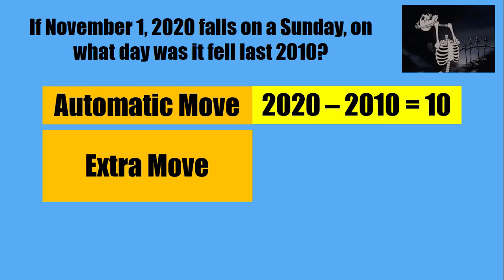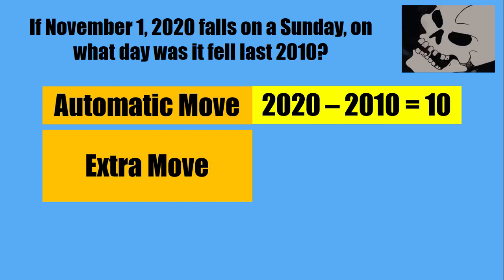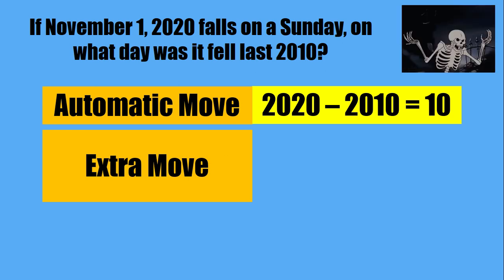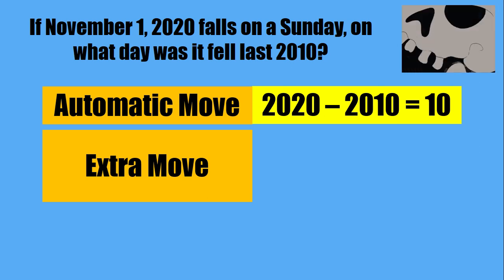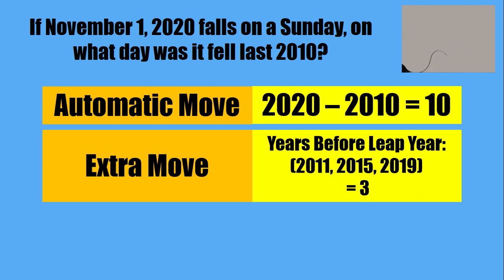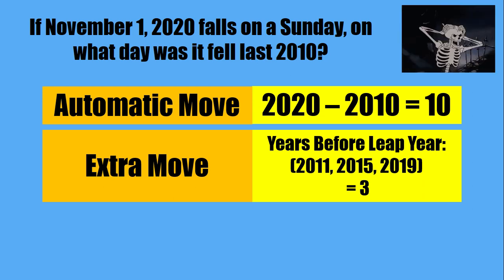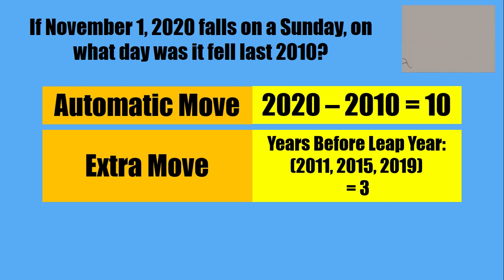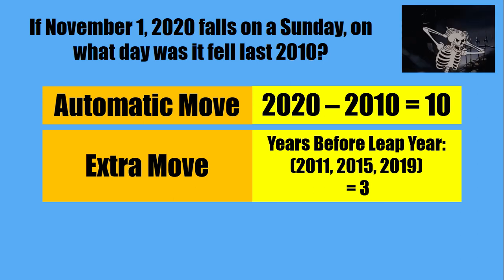And then for the extra move, since we have November 1 as our date, we need to consider the extra move for the year before the leap years, from 2010 to 2020. Those are 2011, 2015, and 2019. So for this, all you need to do is to subtract 1 from the leap year. So we have 3 extra moves.